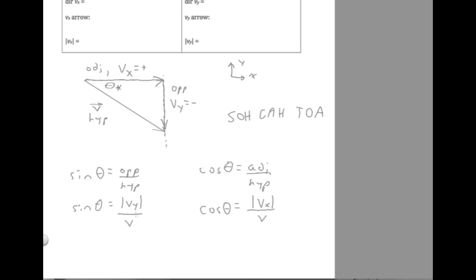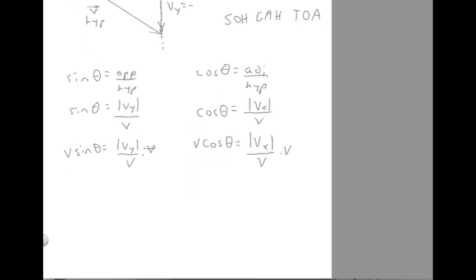Now, to solve this for Vy, we need to multiply both sides by V. Then the V's cancel.